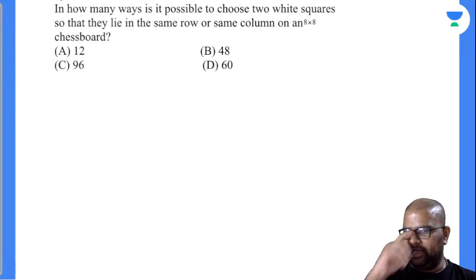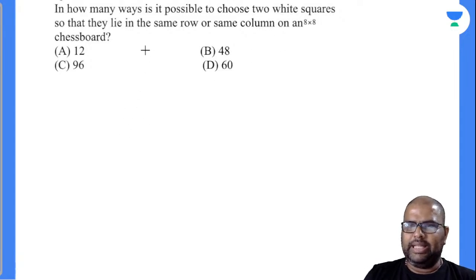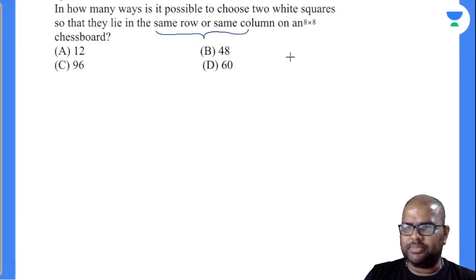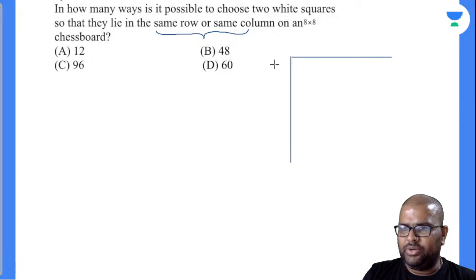In how many ways is it possible to choose two white squares so that they lie in the same row or same column on an 8 into 8 chessboard? Let us suppose this is an 8 into 8 chessboard. Take one row.